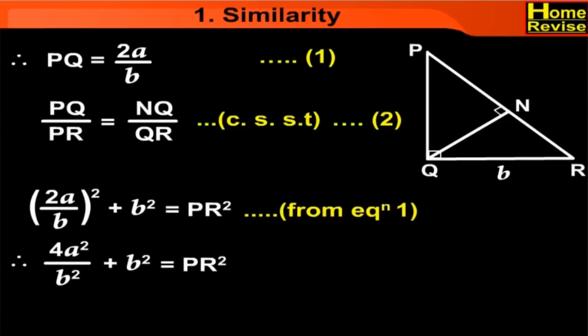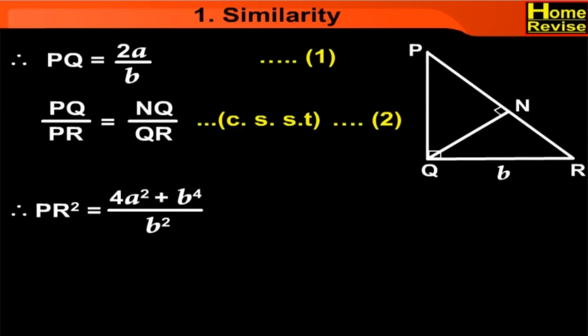Therefore, 4a square upon b square plus b square is equal to PR square. Therefore, PR square is equal to (4a square plus b raised to 4) upon b square. Now taking square root on both sides, we get PR is equal to square root of (4a square plus b raised to 4) upon b.